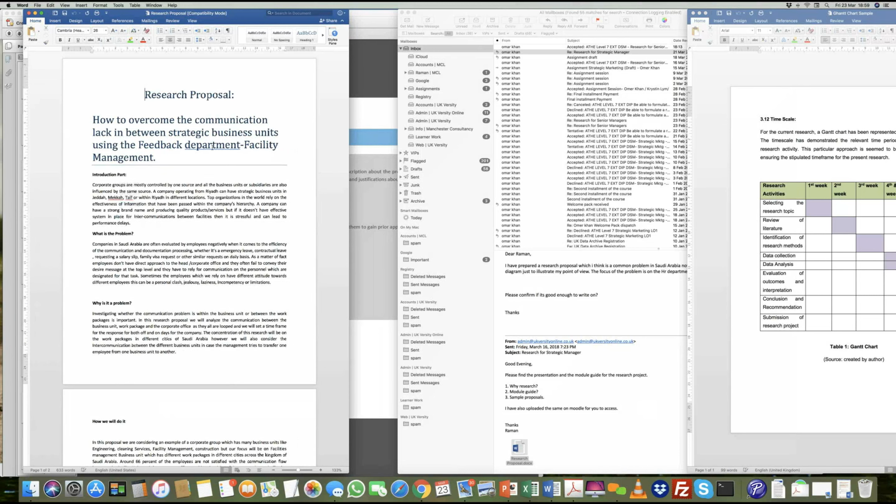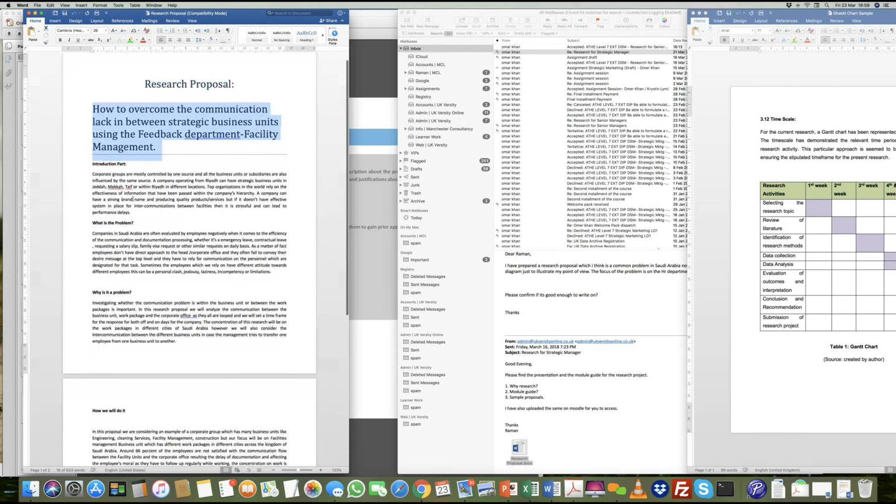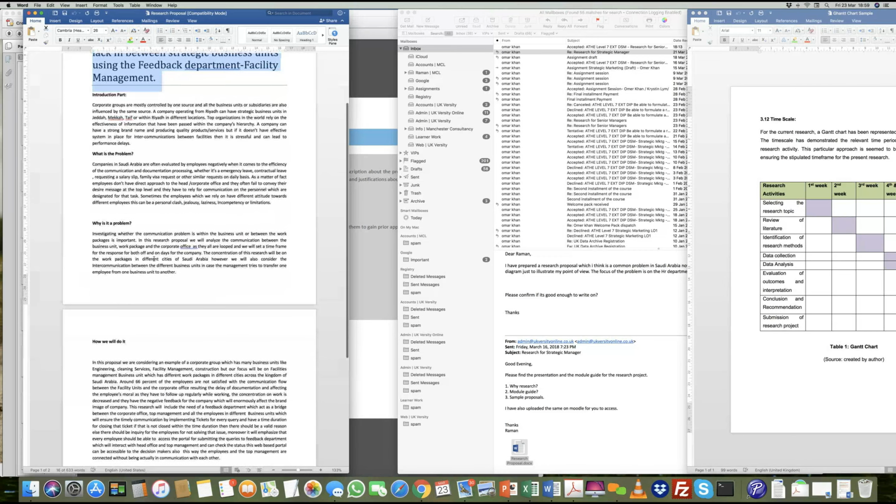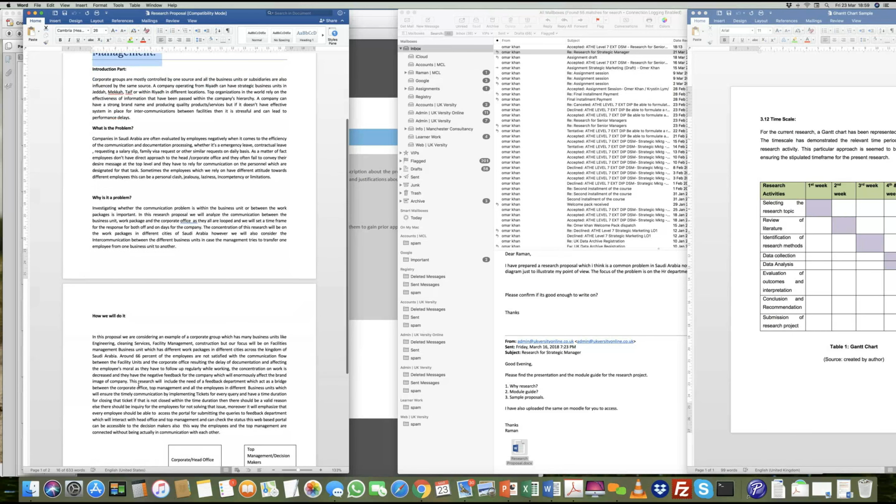So the research proposal is rightly prepared from a point of view that there's a defined topic, though a slight amendment on the topic needs to be done. He's done a bit of an introduction. He's defined what is the problem. There are generally problems with companies in Saudi Arabia wherein communication creates issues. He's defined that further by again saying what and why, which is very good. Then how is he going to go about doing the research?